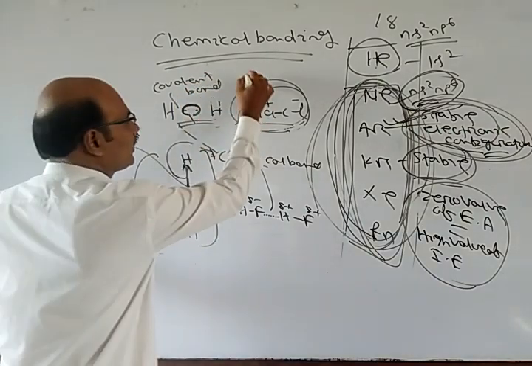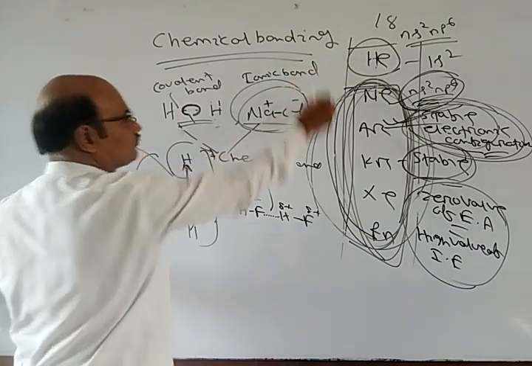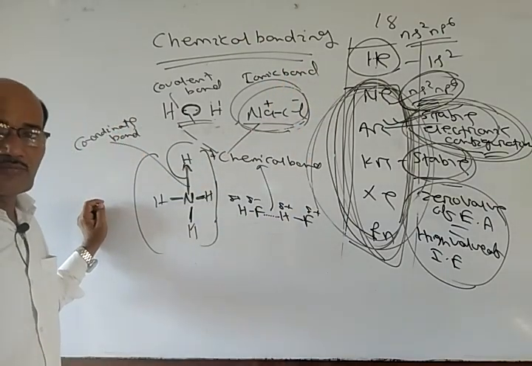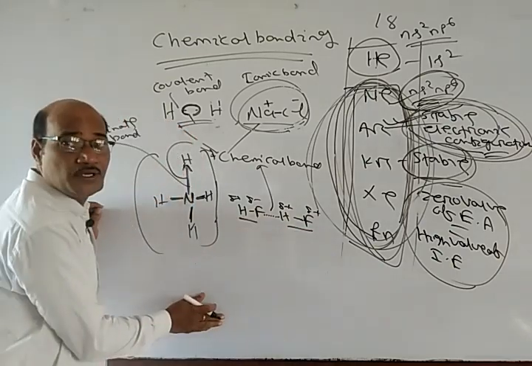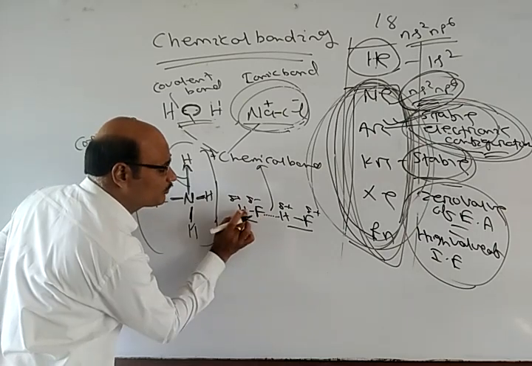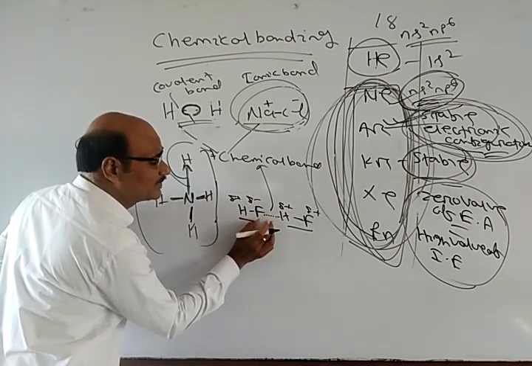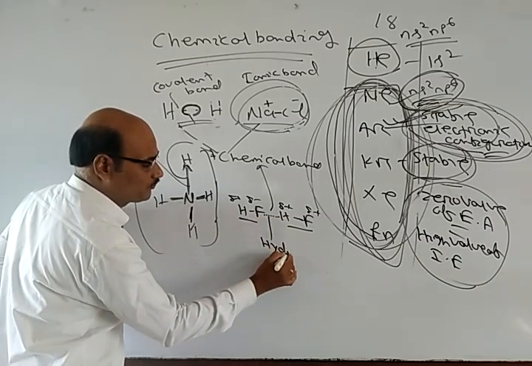This is called what? An ionic bond. And this is HF molecule. Now between these molecules, this F of this molecule and H of this molecule, there is a force of attraction. This is called what? A hydrogen bond.